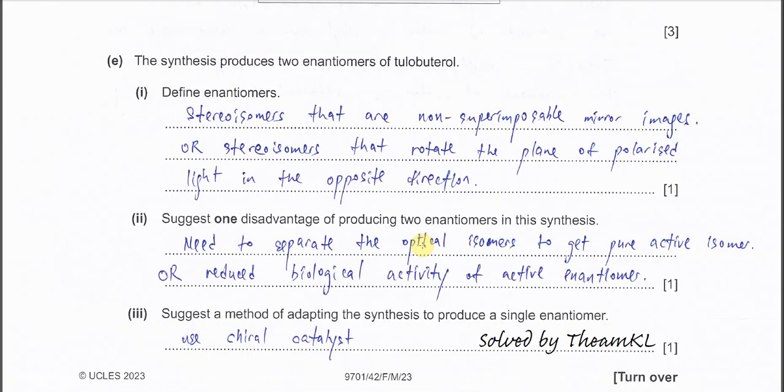Okay, part E. The synthesis produces 2 enantiomers of tulbutol. Define enantiomers. Enantiomers are actually optical isomers, a pair of optical isomers.